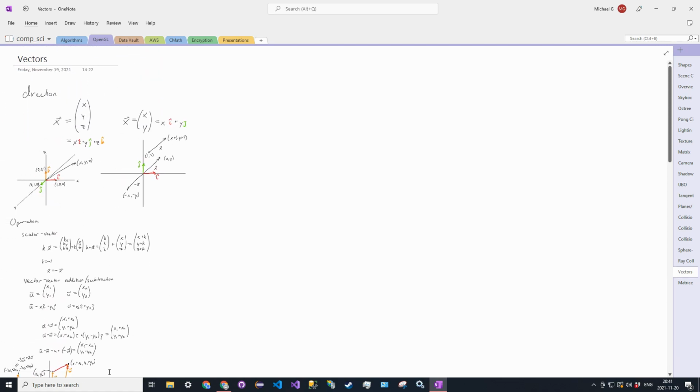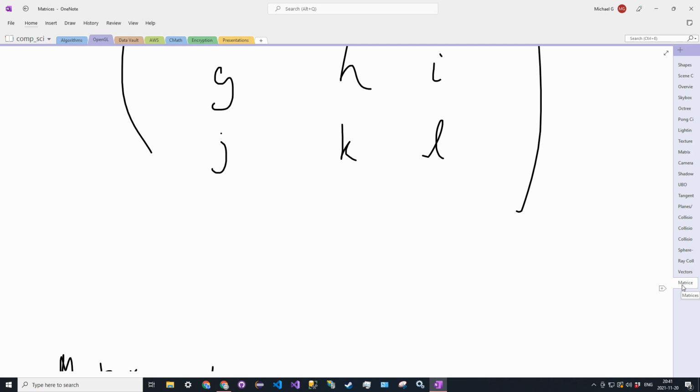And then from there, we'll just be going forward with using matrices and vectors as tools. Like I said last time, we're going to be using these mathematical elements as tools to create our scenes and project them onto the screen. And we'll see how powerful these will be in creating our application.